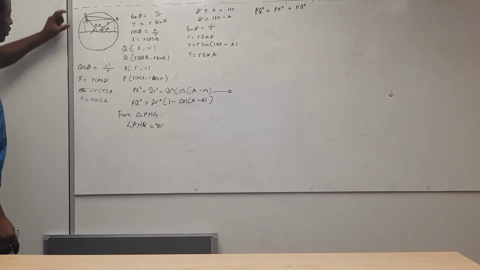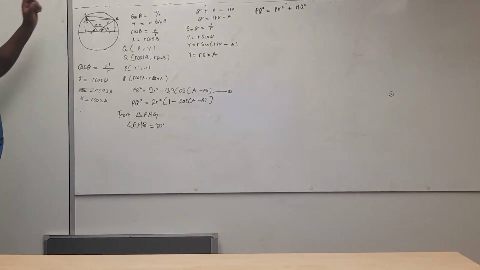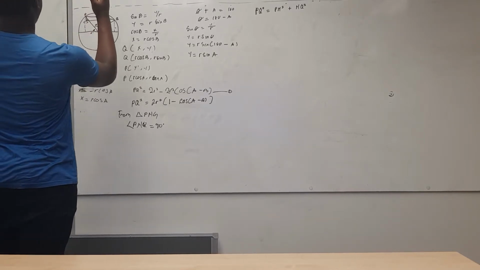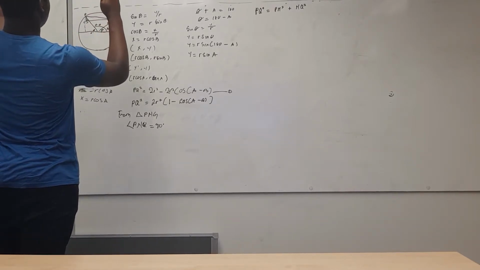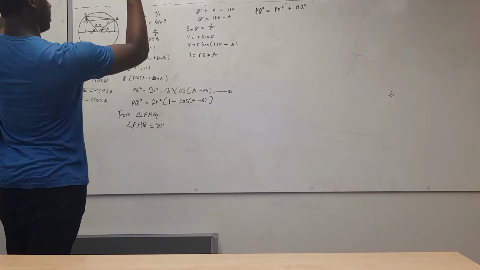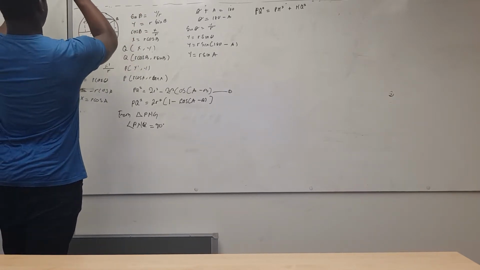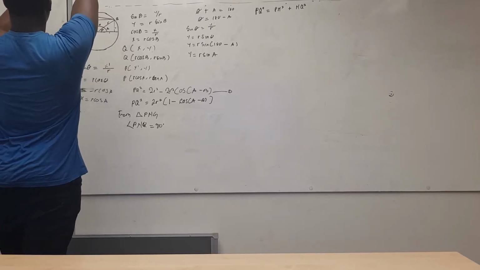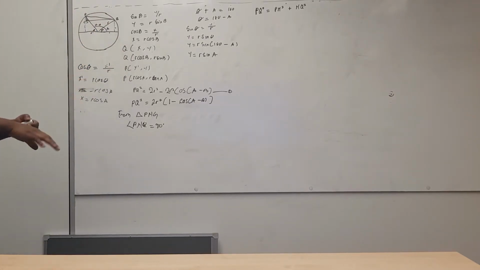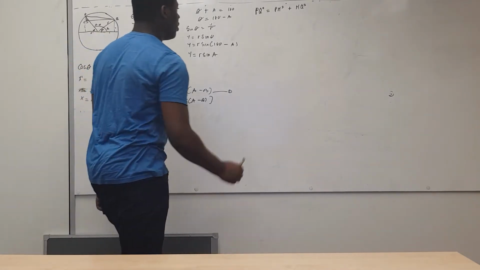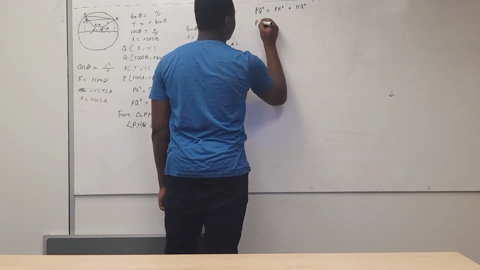So you have this and this, and you're asked to find just this little piece. So it's going to be this vertical height minus this vertical height, to give you PN squared.